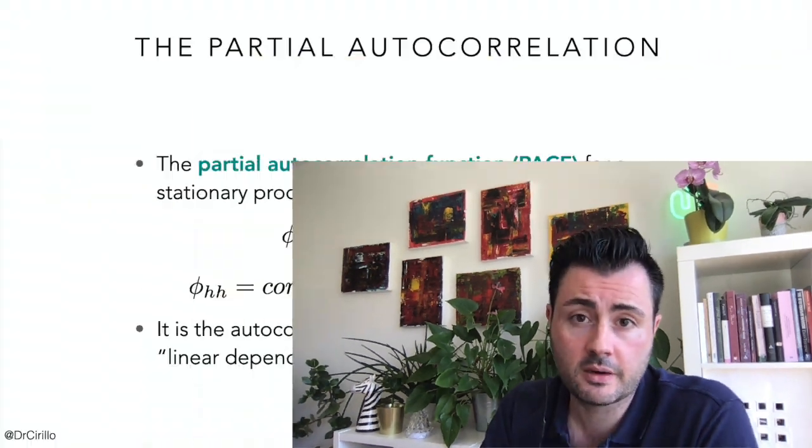Given the linear predictor, we can define the partial autocorrelation exactly as I told you before, so as the correlation between two different time points once we remove what happens in between. So once we remove the linear dependence in between. So how we do that? You see that clearly on your screen.